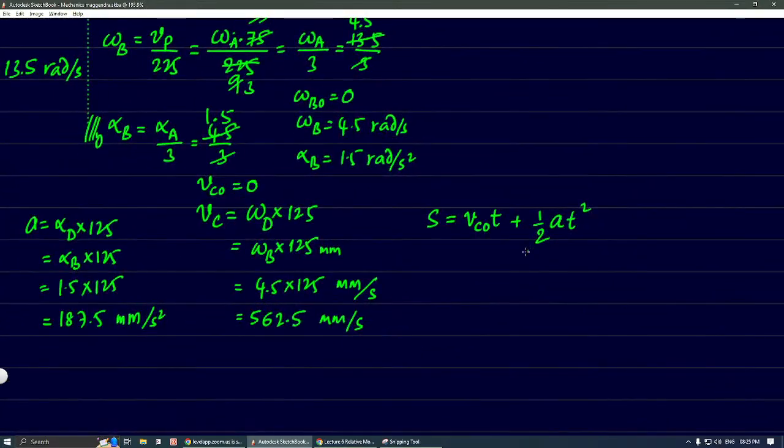Now both these values substitute here. Initial velocity is 0, so 1 by 2, acceleration of C is 187.5 into time squared. What is the time? 8, not 3. 843.75. Can you be a little louder?